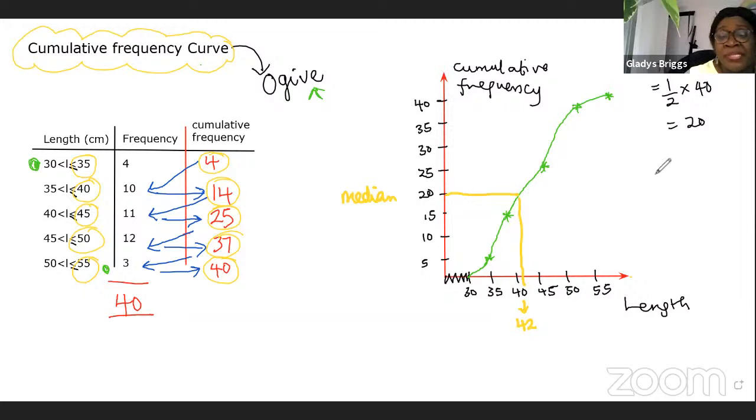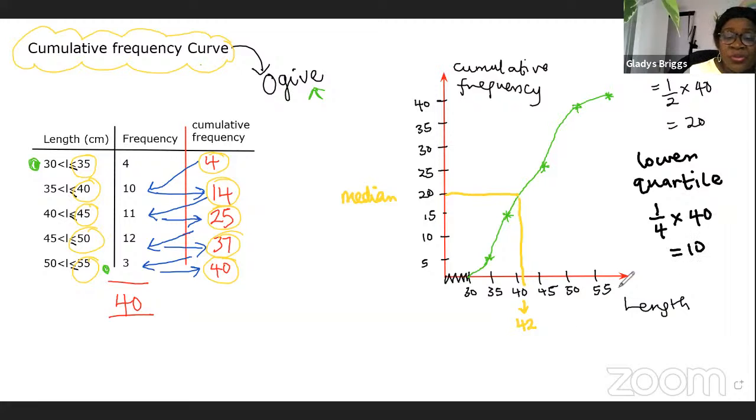Okay? So the next thing that you need to get for me is the upper quartile, or, okay, let's start with the lower quartile. The lower quartile is 1/4 of the data. Okay, 40 divided by 4 is 10. So you're going to go off to your cumulative frequencies and find the lower quartile, which is 10 here.